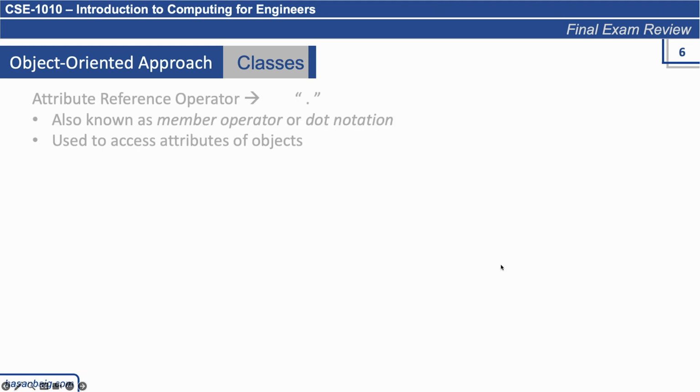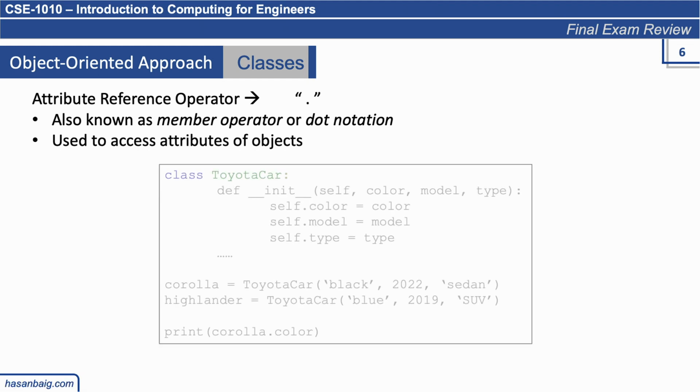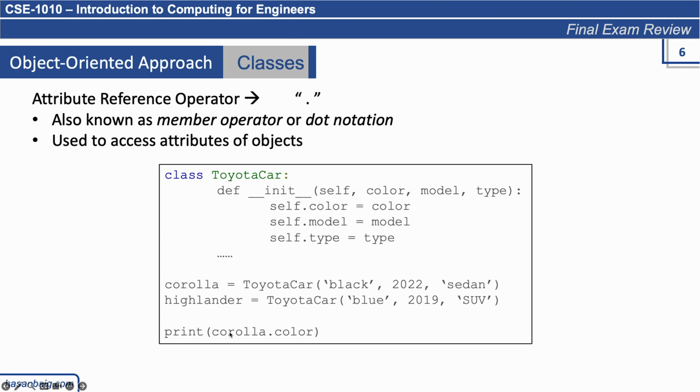Next thing is we can access attributes inside the class with the help of a dot operator. It's also called the member operator or dot notation, used to access the attributes of objects. It could be a single variable or it could be a method. So here you can see in this class we created two different objects, two different instances, Corolla and Highlander, and then we are accessing the variable color associated with Corolla.